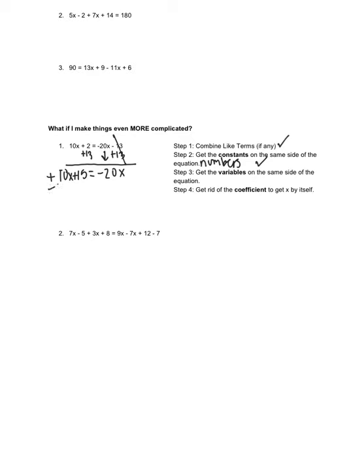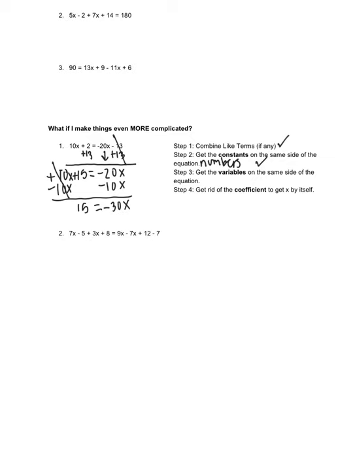So I'm going to subtract 10x, and I have to do it on both sides. So that's going to cancel out. So I'm left with 15 equals, and negative 20 minus 10 is just negative 30. Remember, when you're subtracting and adding things with x's, you just have to look at the number in front of them. So negative 20 minus 10 is negative 30x.